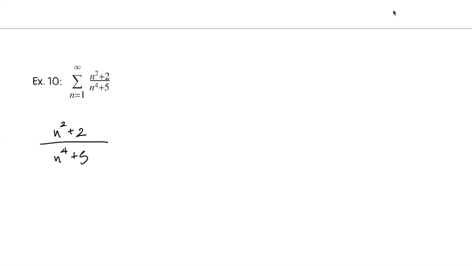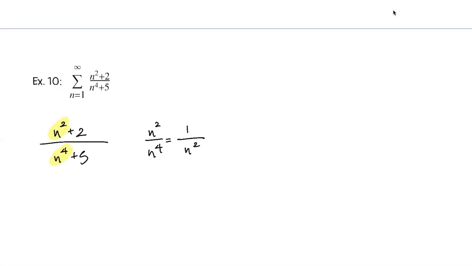How did you get 1 over n squared? N squared over n to the fourth. Good. Okay, so for those of you who maybe aren't sure where she got that from, she just looked at the bigger power here and the bigger power here, right? Because at the end, when we're adding 2 and 5 to infinitely large values, it doesn't really impact it that much. So these two should have very similar end behaviors, okay?